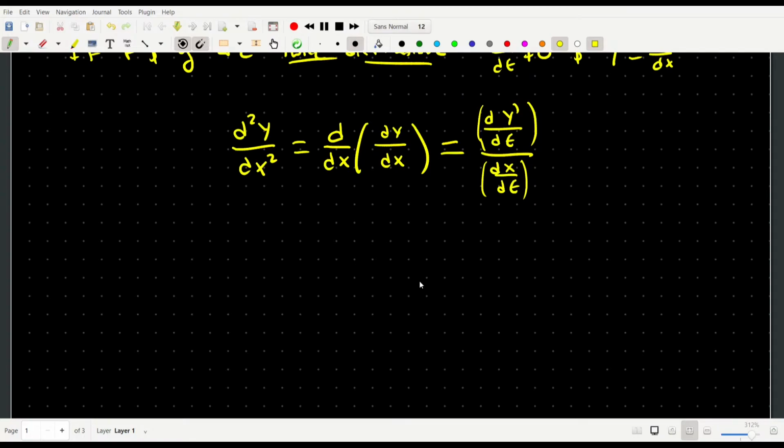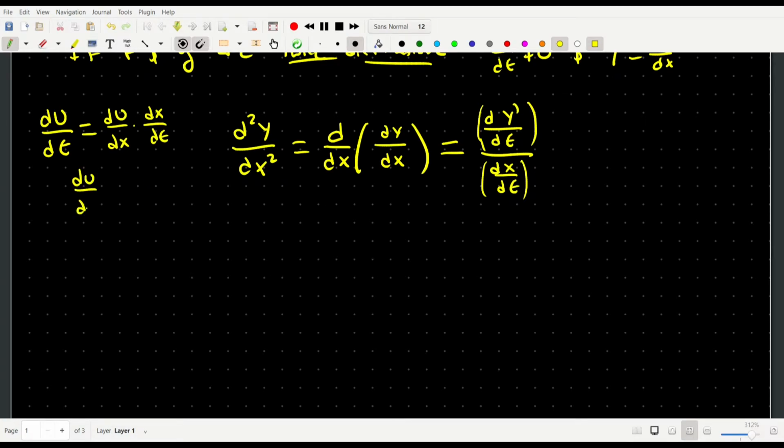The whole reason here is because it's based on the chain rule. The idea is that for any function u, du dt is going to be the same thing as du dx times dx dt.